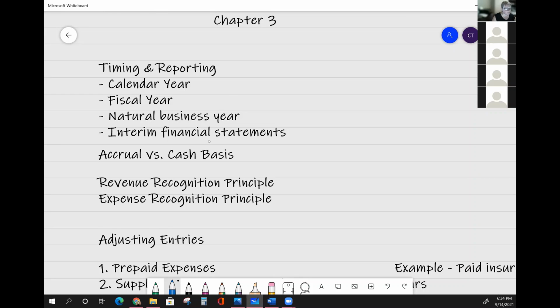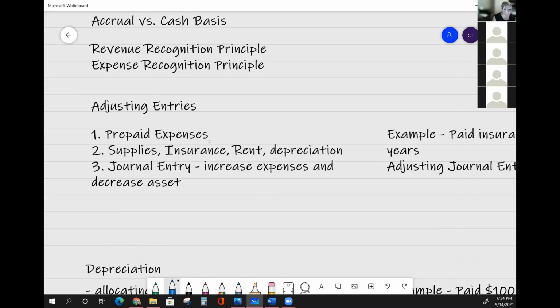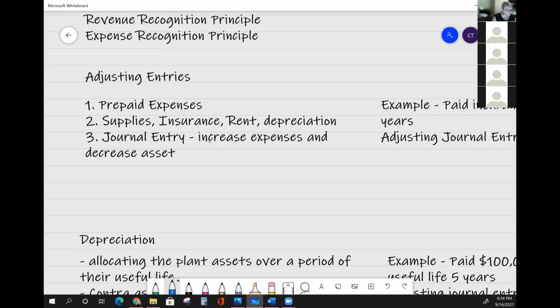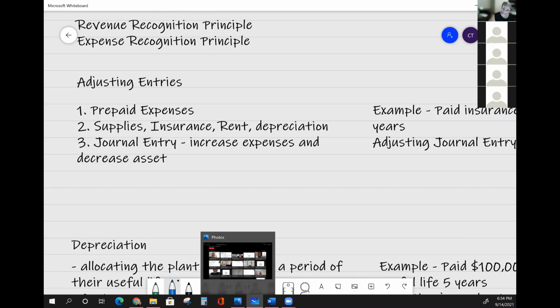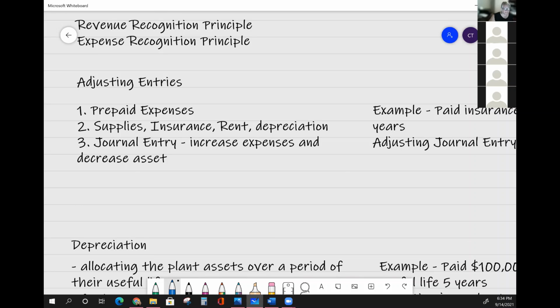Okay, so we have some adjusting entries that we'll have to make, and we talked a little bit about these as examples. Prepaid expenses is one of them. Prepaid expenses could be supplies. Maybe we bought a bunch of supplies and we're going to use those over the next few months. We prepaid for those supplies.